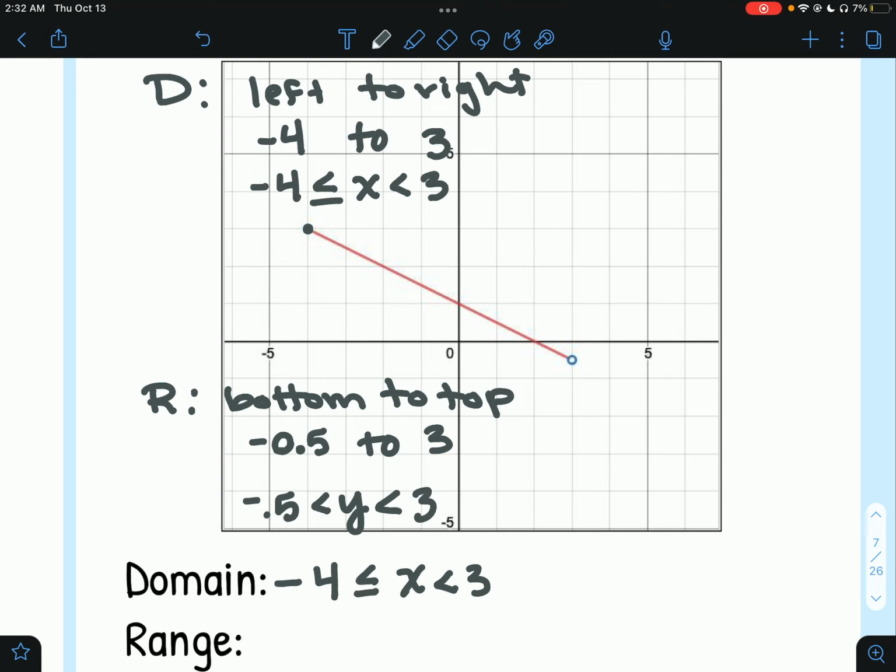We need to consider, do either of them need a line under it because of a closed circle? -0.5 has an open circle, so it's good, but 3 has a closed circle. So we should have -0.5 is less than y, which is less than or equal to 3.